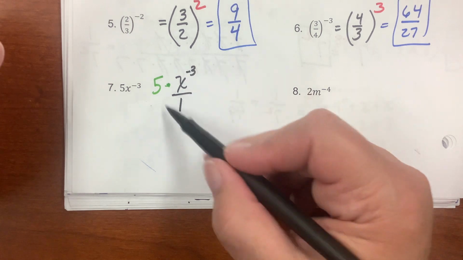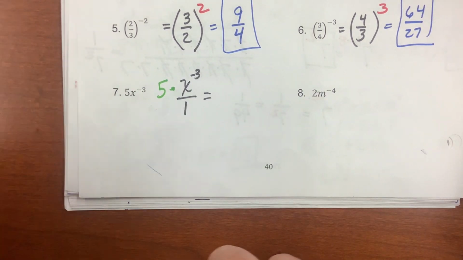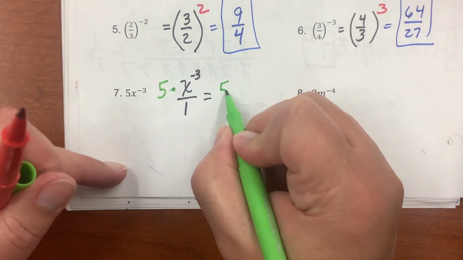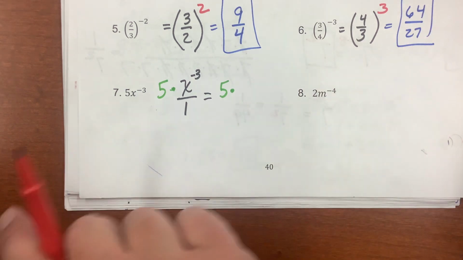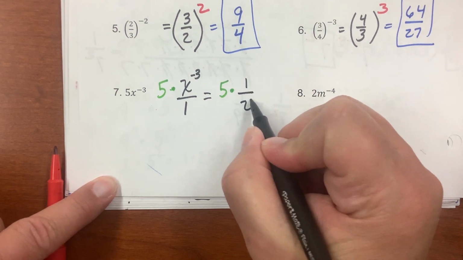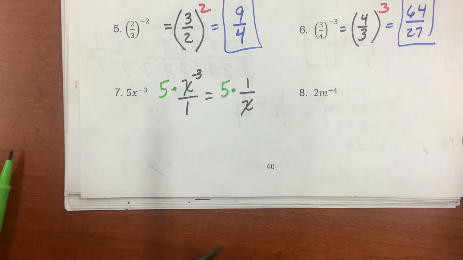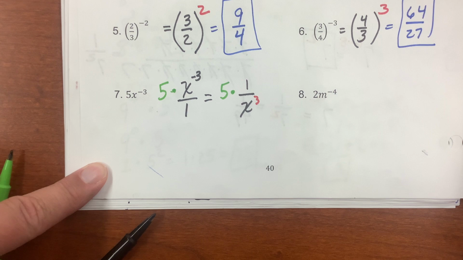Now, only this part gets flipped over. Did anything happen to the 5? No. It's 5 times. I'm going to flip that over to get 1 over x to the 3rd power, 1 over x, and my negative exponent becomes a positive exponent. What else could I do here?